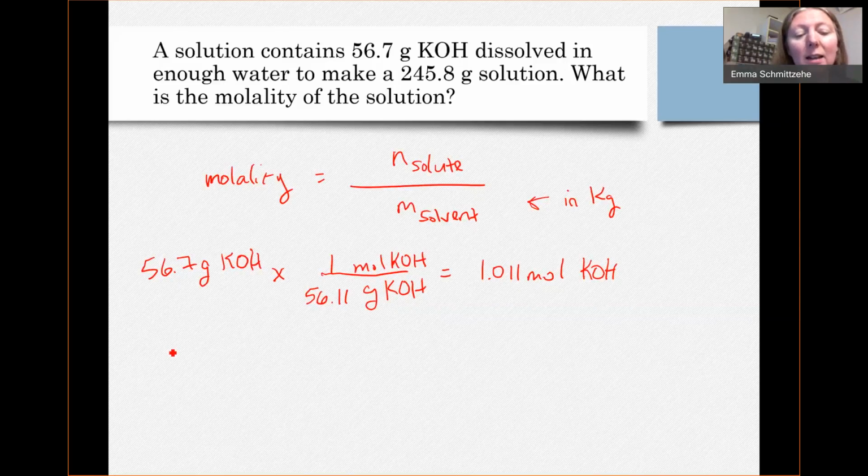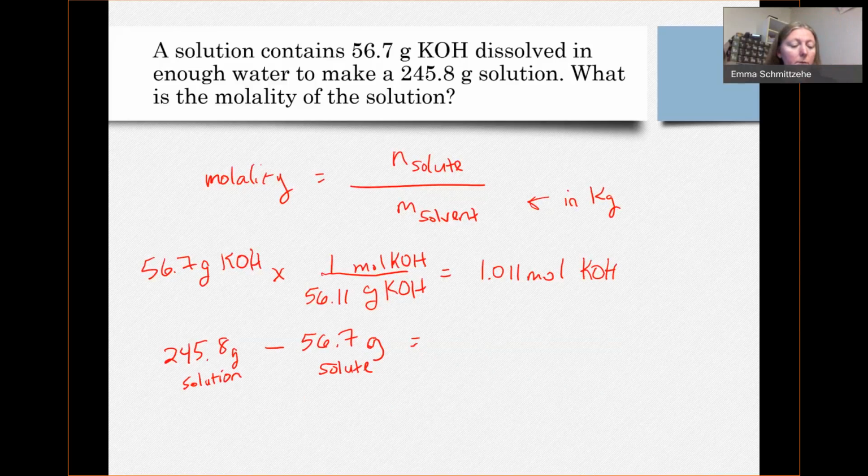So I can take the total mass of the solution, 245.8 grams, and subtract off the solute, the 56.7 grams. 245.8 minus 56.7 gives me 189.1 grams. And that is the solvent.